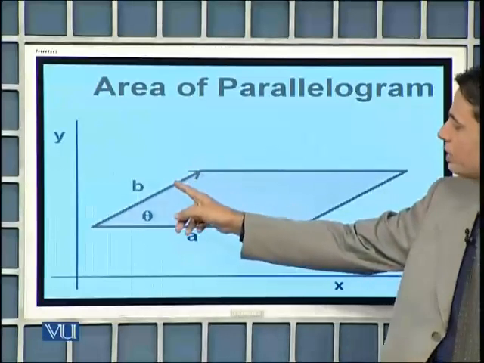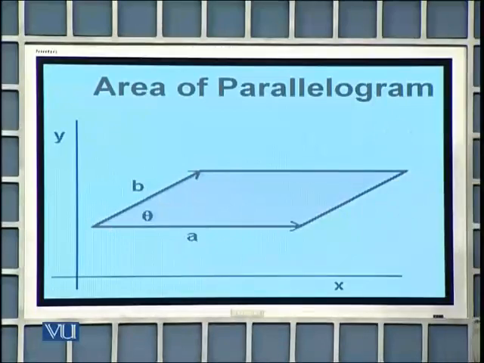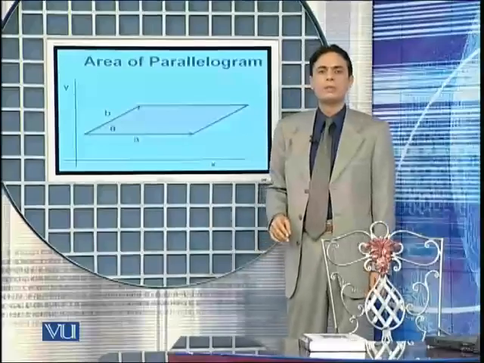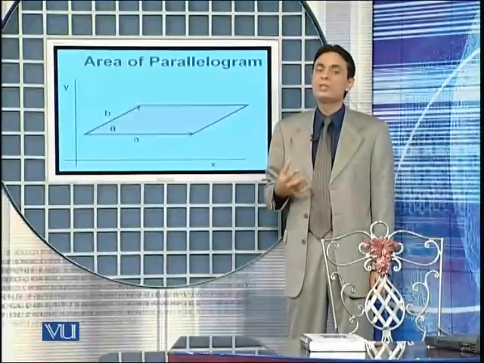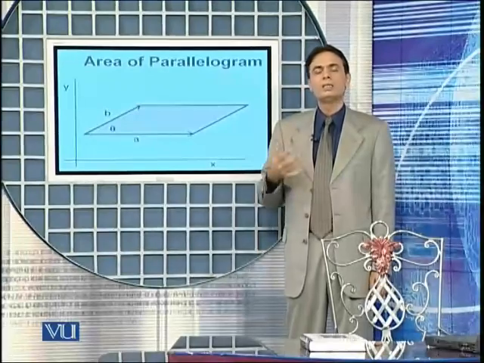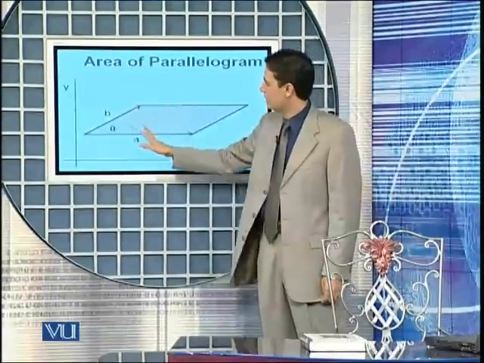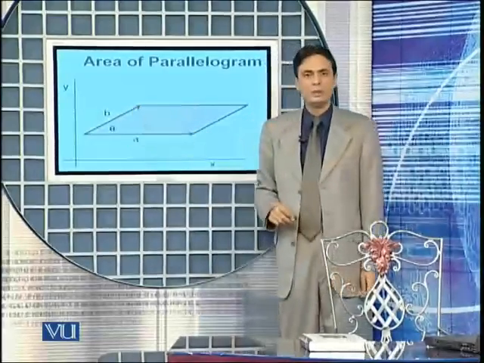So cross product of A and B will be pointing out, and cross product of B and A will be pointing in. But if we take the magnitude of that vector which is the cross product, it is exactly equal to the area of this parallelogram bounded by vector A and B.